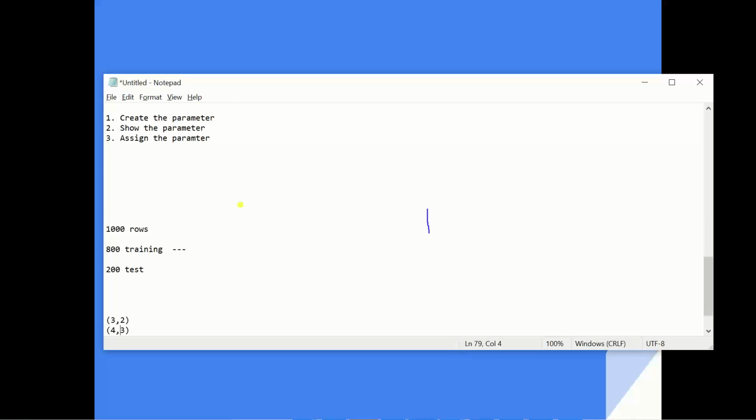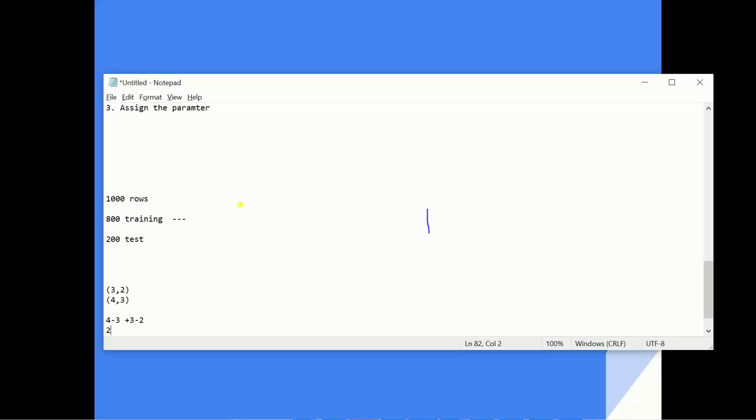How will you find the distance between these two? You will say x2 minus x1, 4 minus 3, plus 3 minus 2. Correct? So 1 plus 1, that is 2. So I get the distance as 2 over here. Getting it, guys? This is how we find the difference between the two coordinates: x2 minus x1 plus y2 minus y1.